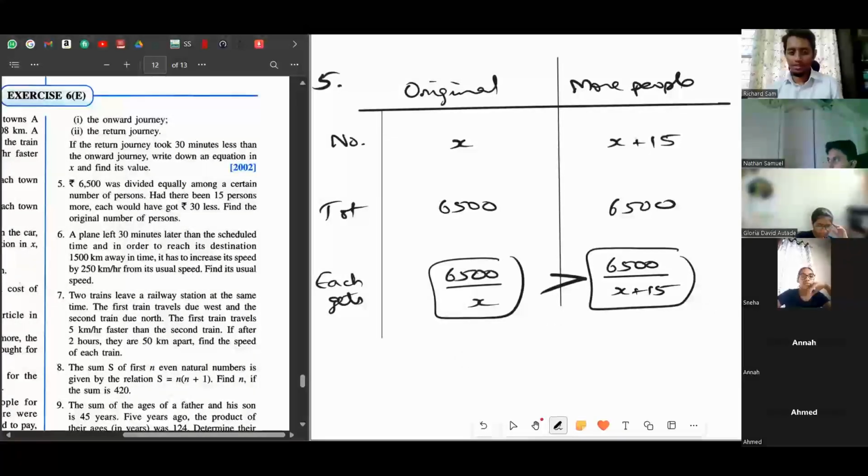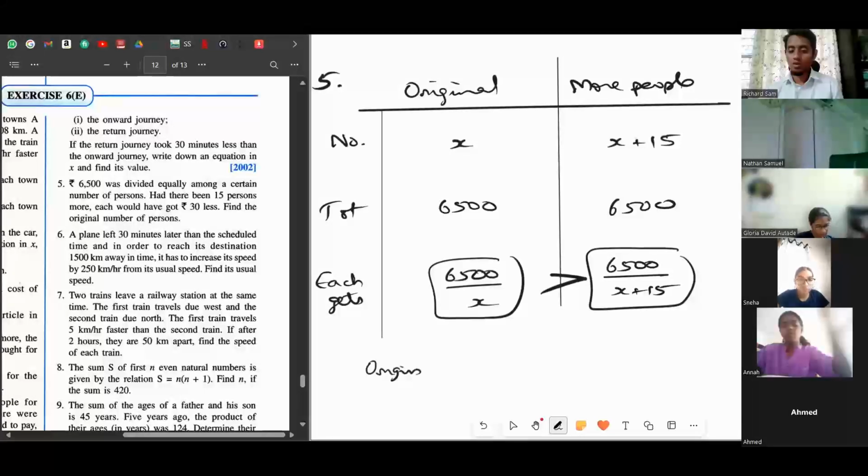So write your equation. How do we write it in words?